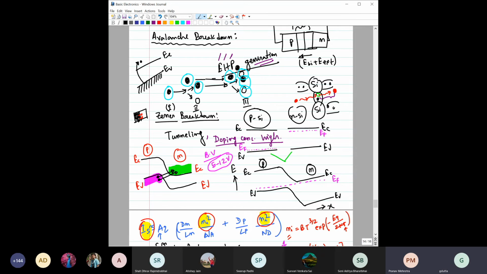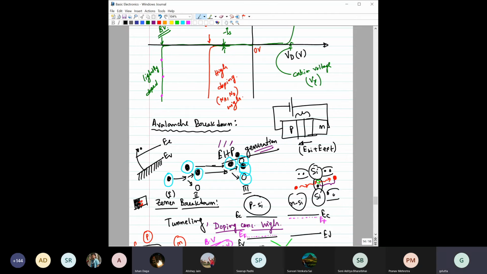So I had a question regarding avalanche breakdown. In the avalanche breakdown, most of the electron hole pair generation would happen in the depletion layer, because it is the only region where we have the electric field. You told us that the depletion layer is not very large, it's in micrometers. So the number of electron hole pairs present in it would be finite.